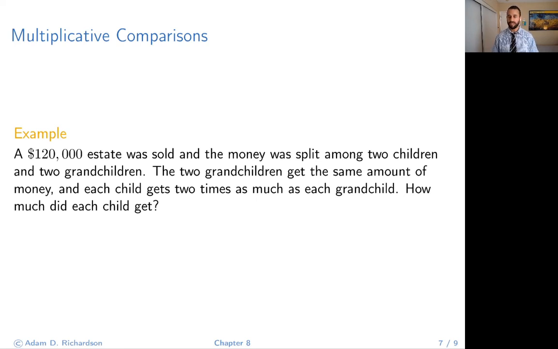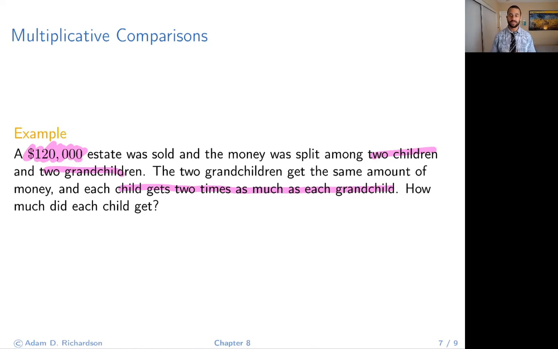Let's pick out the information we know. We know that the total amount of money we're dealing with is $120,000, and it's split among two children and two grandchildren. But we also know this: each child gets 2 times as much as each grandchild. So each grandchild is getting half as much as their parents, you could say.